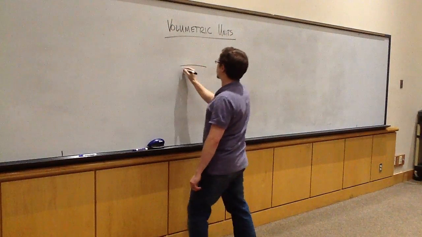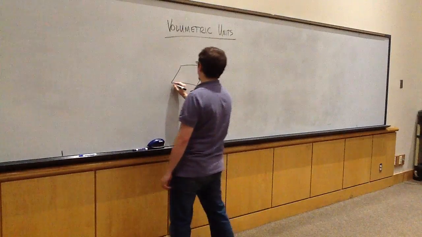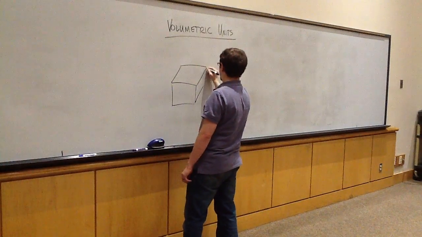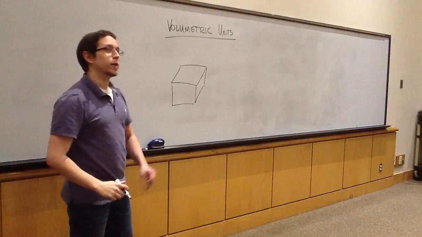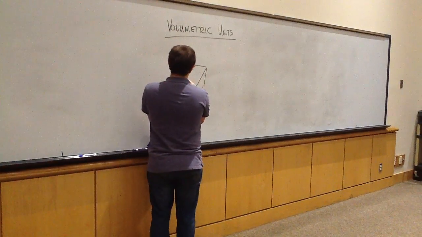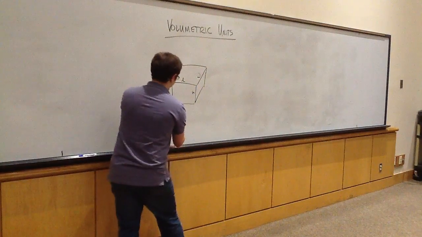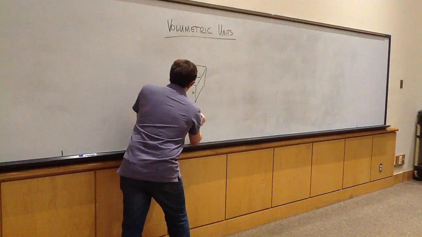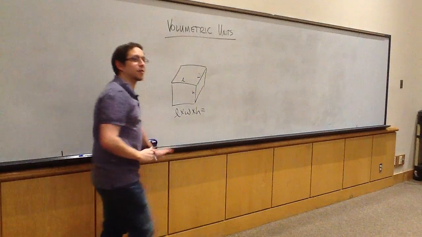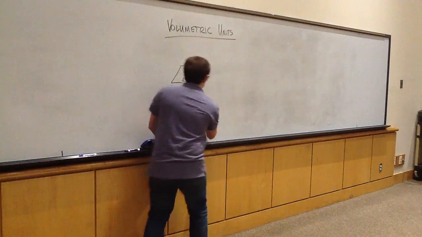To talk about this, I want to bring to light the idea of a cube. Remember that we can measure a cube as length by width by height. And when we multiply those three things together, we get the volume of the cube.